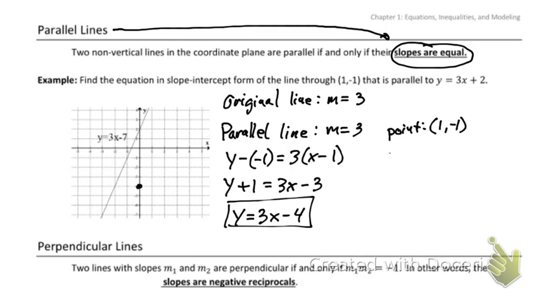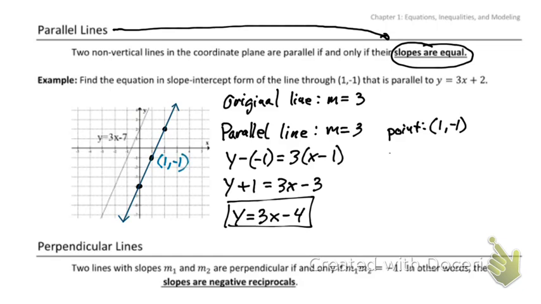That means you go up 3, over 1. We go up 3, over 1. We draw our line through there. That line is definitely parallel, and it goes through the point (1, -1). So I must have done it right.